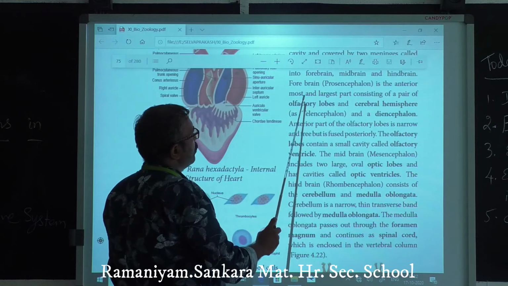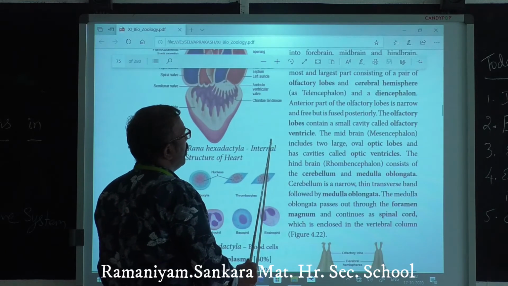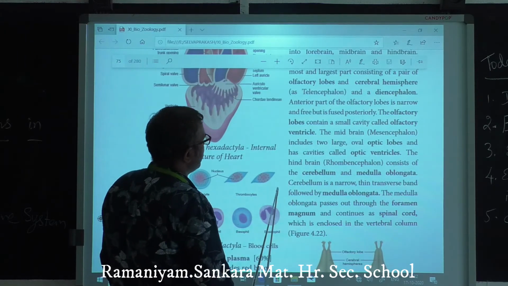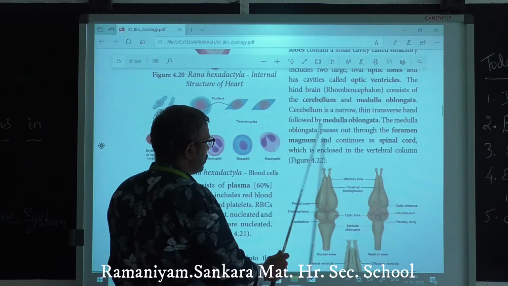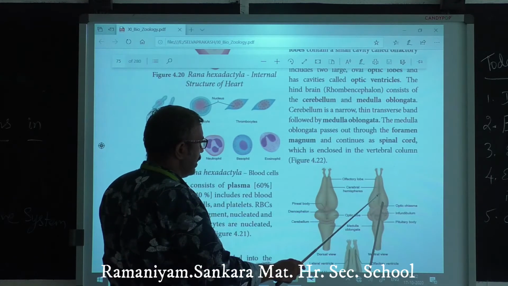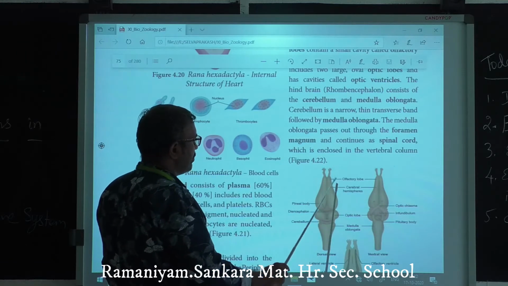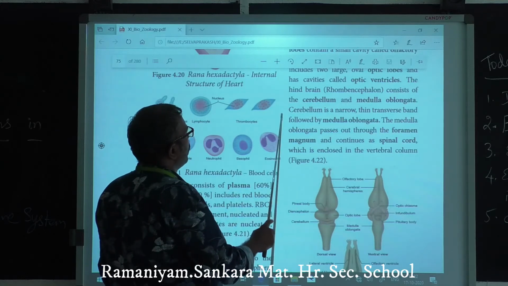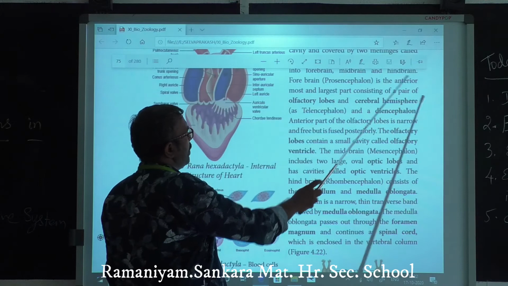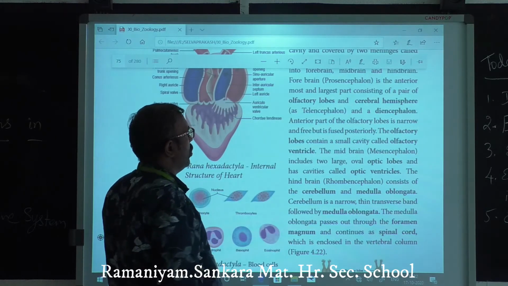It is the anterior and largest part, consisting of a pair of olfactory lobes, cerebral hemispheres and diencephalon. These three regions make up the forebrain.